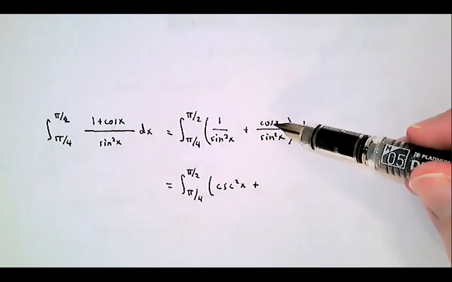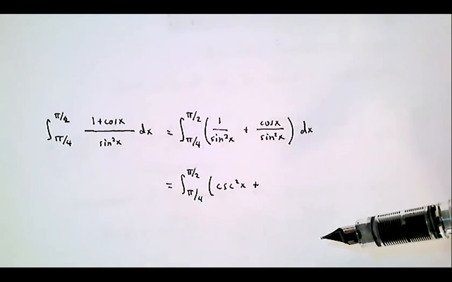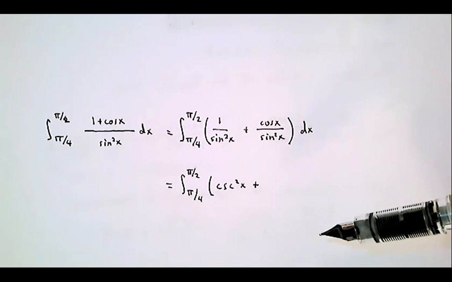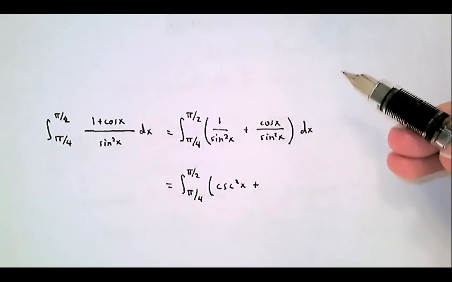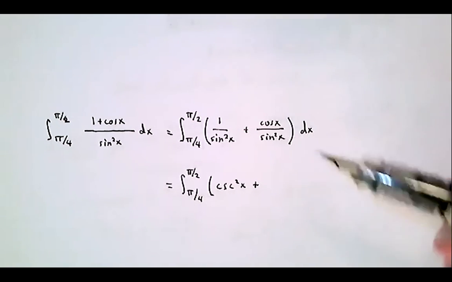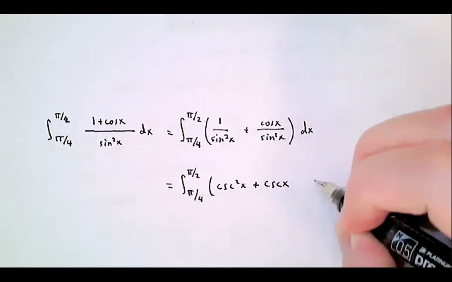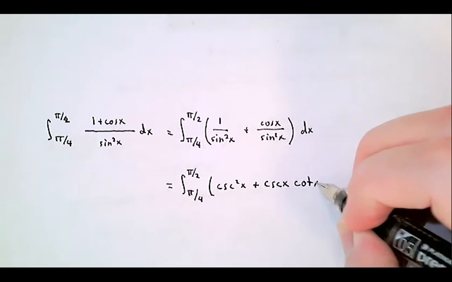What's cosine over sine? Is it cotangent? Cotangent, right. So we're looking at a cotangent, and then we have an extra 1 over sine. So we actually have an extra cosecant. And then we have our cotangent.